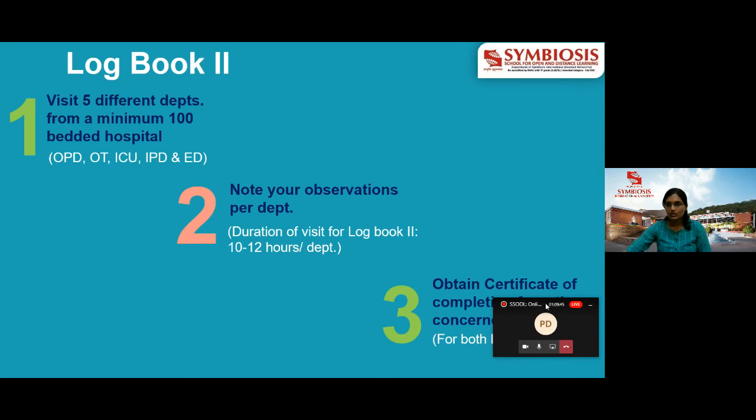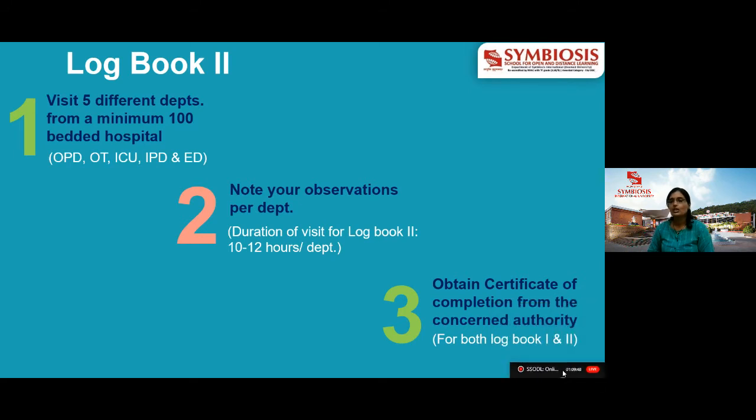The third, very important part is that you have to obtain a certificate that you have completed both logbook 1 and 2. You have to include that certificate in your logbook 2. You can scan it and paste it, or take an image and paste it in your report. It should be authentic and should mention the name of the person who is signing, his contact number, email ID and designation.